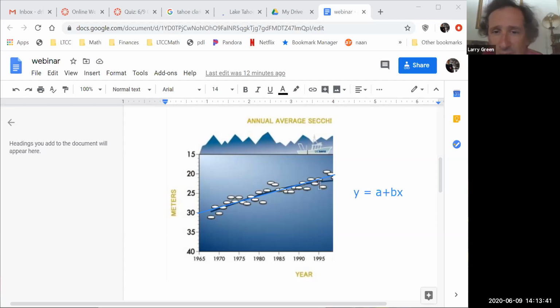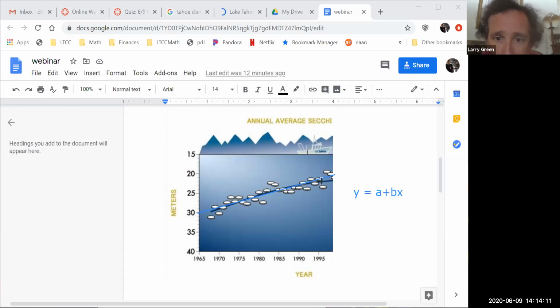All right, so what we're interested in is a bunch of things. One is the slope. And the slope of this line, hopefully you remember, is found by rise over run. You remember doing that at one point in your life? And you could approximate that. You could say, well, from 1965 to maybe 1995, right?